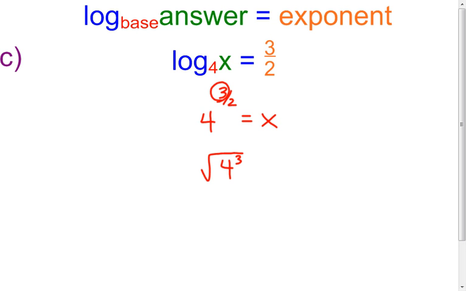Okay, so that 3 comes down there, and then the number in the denominator is what is your exponent out here. And we don't usually write the 2's. Square root is assumed to be 2, but that's how it is. Okay, so you can think of this like this. This is like the square root of 4, and the square root of 4 is 2, cubed, and so x will be 8.